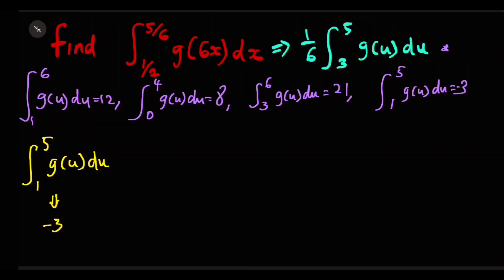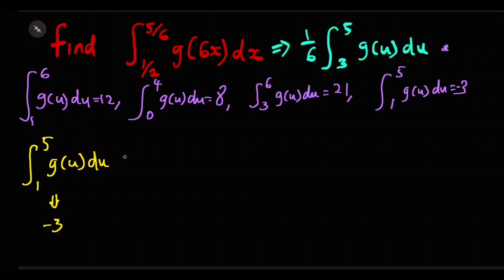So I'm going to find another integral that has upper bound as 1, just so that I can cancel out this one. And since I have none of them here having upper bound as 1, my best bet would be to pick this and then flip it. Just know that once you pick an integral and flip it, you're going to be changing the sign of its value. So this is going to be changing from plus 12 to minus 12 once it is flipped.